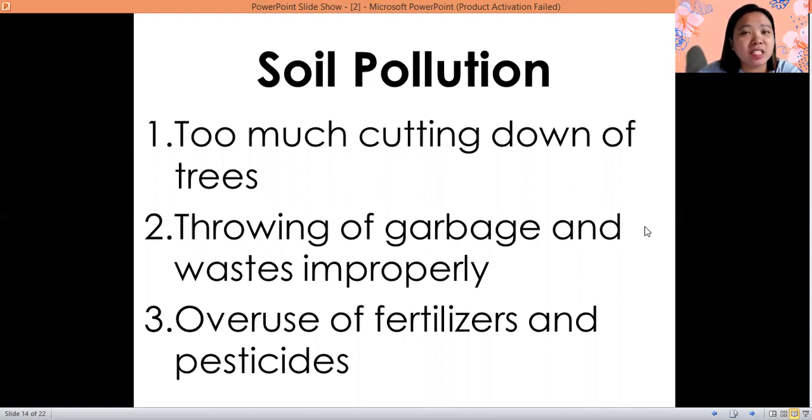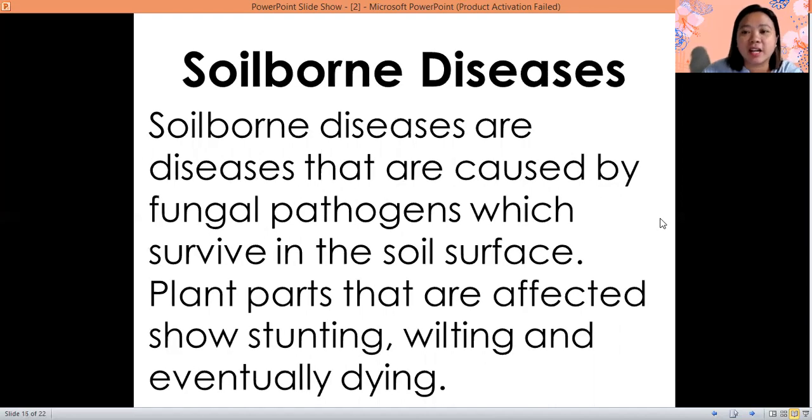Okay, again, too much cutting of trees, throwing improperly of our garbage and waste, and number 3, overuse of fertilizers and pesticides. So what happened to our soil if we do this? Of course, they are gonna have some soil-borne diseases. So soil-borne diseases are diseases that are caused by fungal pathogens which survive in the soil surface.